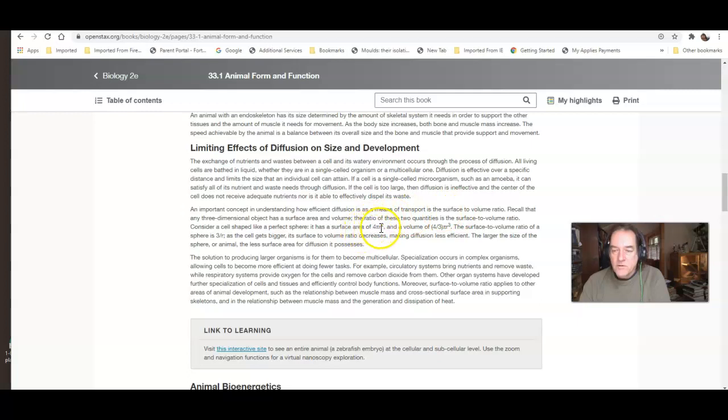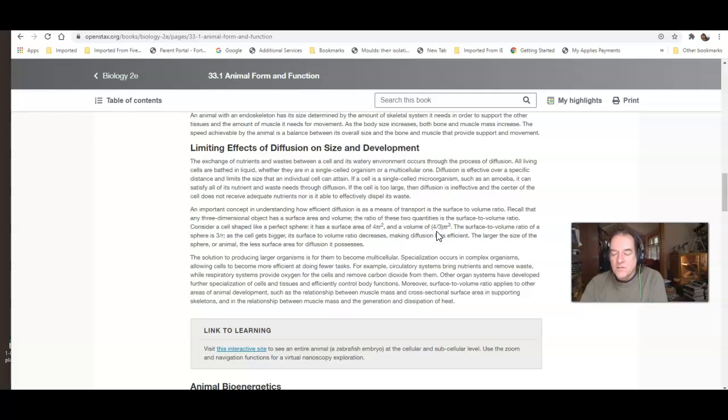Surface area, 4 pi r squared right here, while the volume increases as a cube of the radius, 4/3 pi r cubed right here. What does that translate into? Well, as the cell gets bigger and bigger, there's more stuff inside that has to be supplied by not as much surface area, membrane, for each unit of inside matter.